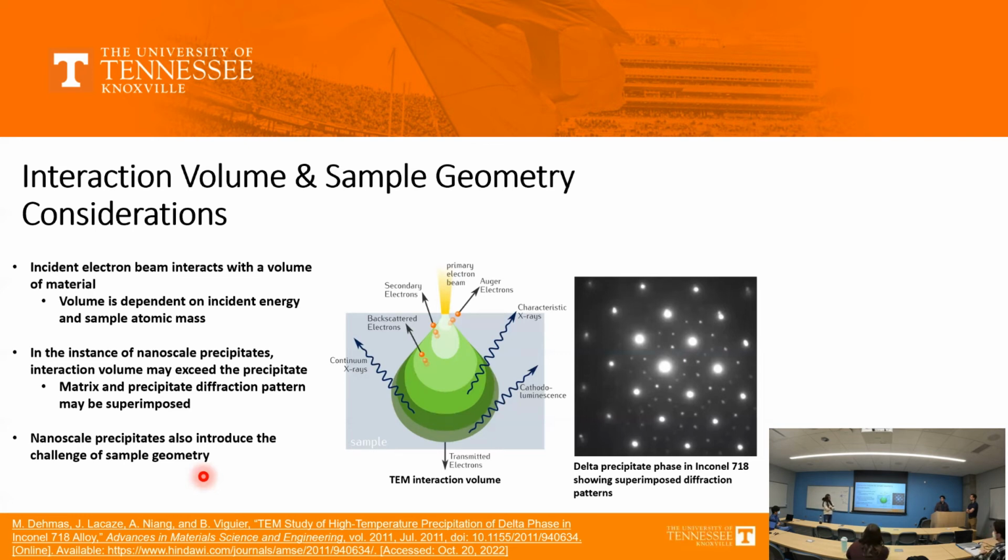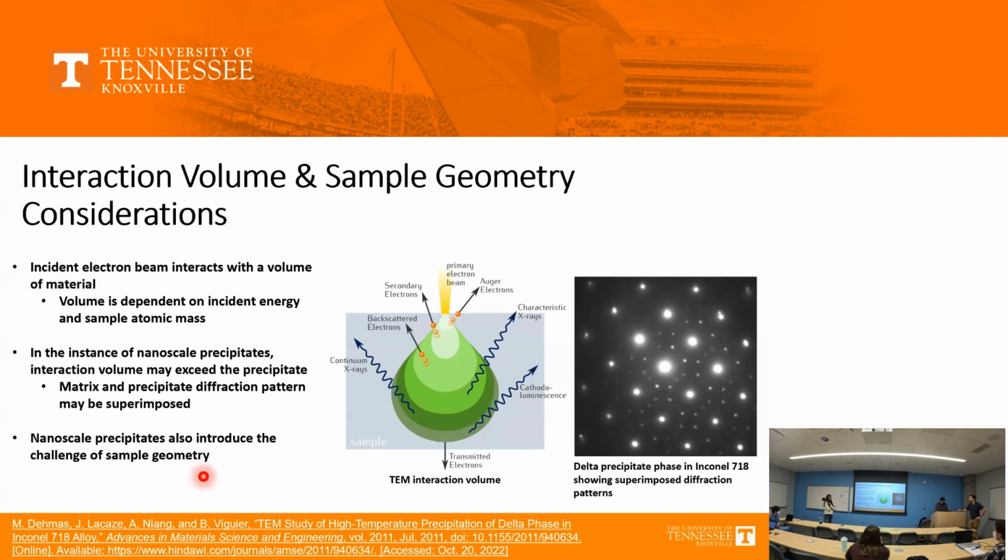When you have a really tiny sample and you're working with your alpha and beta tilts to orient to the right zone axis, if you have a 5 nanometer precipitate and you're tilting through it, you're probably going to lose it. So sure, it would be ideal if you could orient to the exact zone axis you want in a precipitate, but if it's too small, you're just going to lose it. So it's an interesting point to note when you're doing sample preparation and TEM operation.